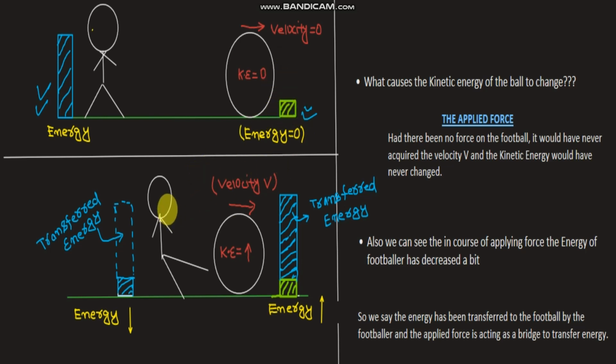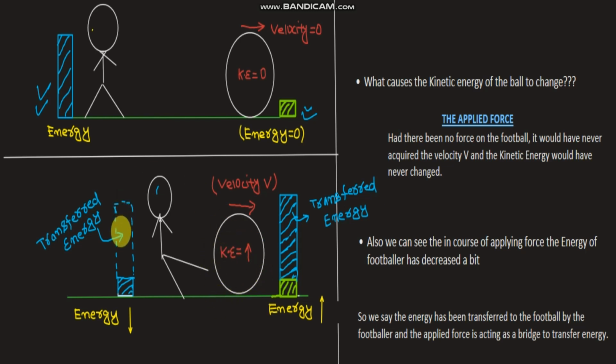Now this footballer kicks this football, and now the situation changes. There is a certain amount of energy that the footballer uses to apply force to this ball so that this football attains a velocity v.